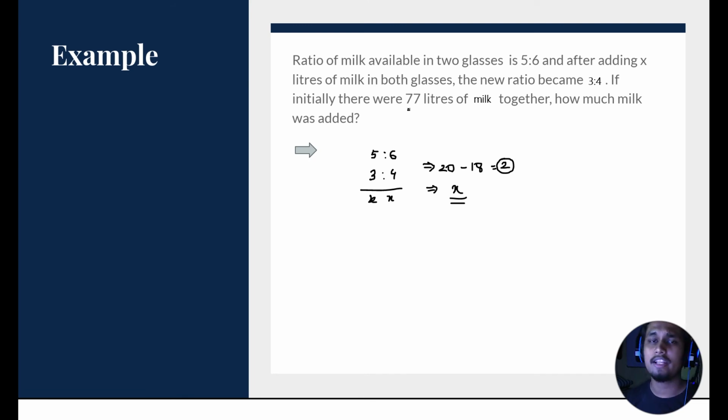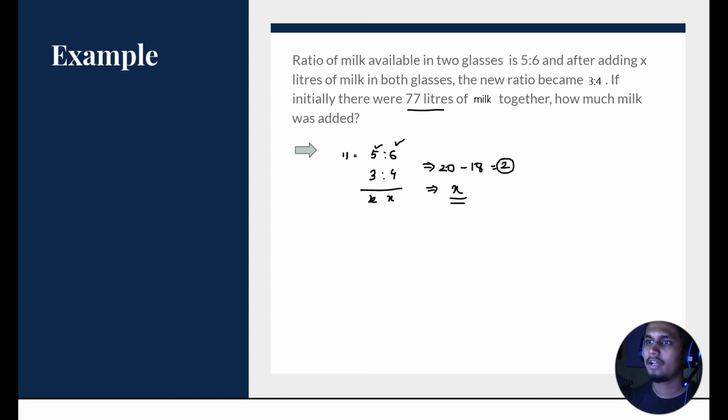Now it is already given that 77 liters of milk was the initial amount. At the beginning there were 5 and 6 units in the corresponding glasses. So the total number of liters of milk was 77, which is equivalent to 11 unit.